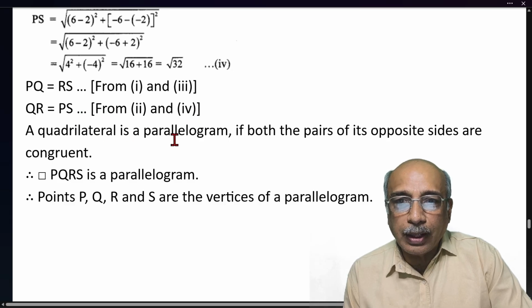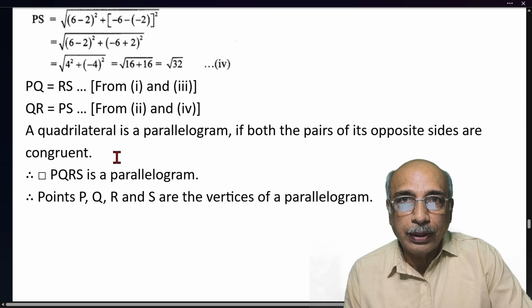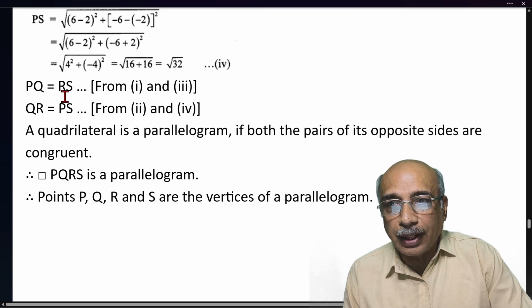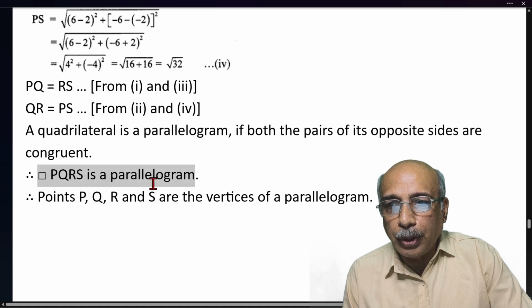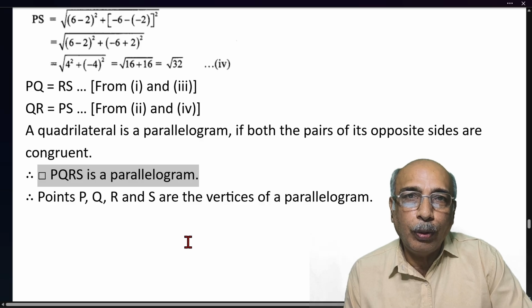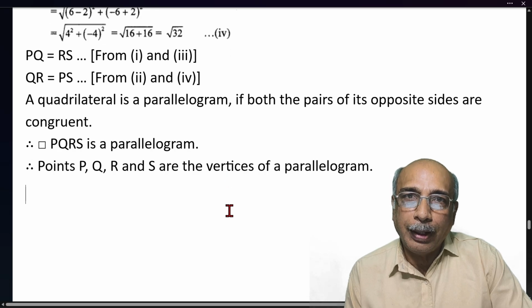A quadrilateral is a parallelogram if both pairs of its opposite sides are congruent. As opposite sides here are shown equal, congruent, therefore we say that quadrilateral PQRS is a parallelogram. Therefore, points P, Q, R and S are the vertices of a parallelogram.